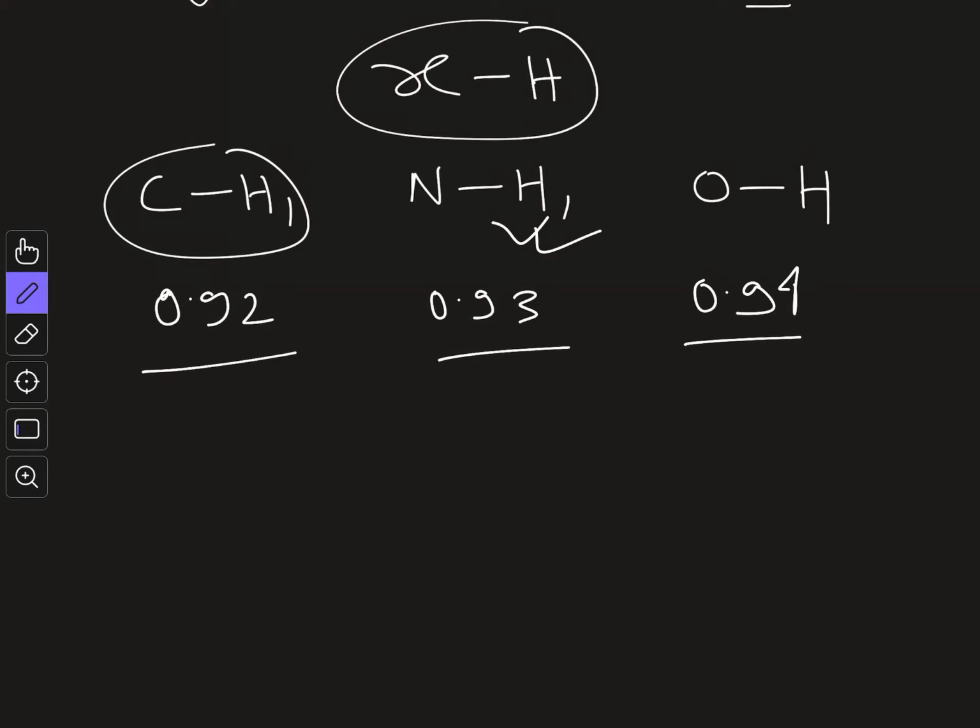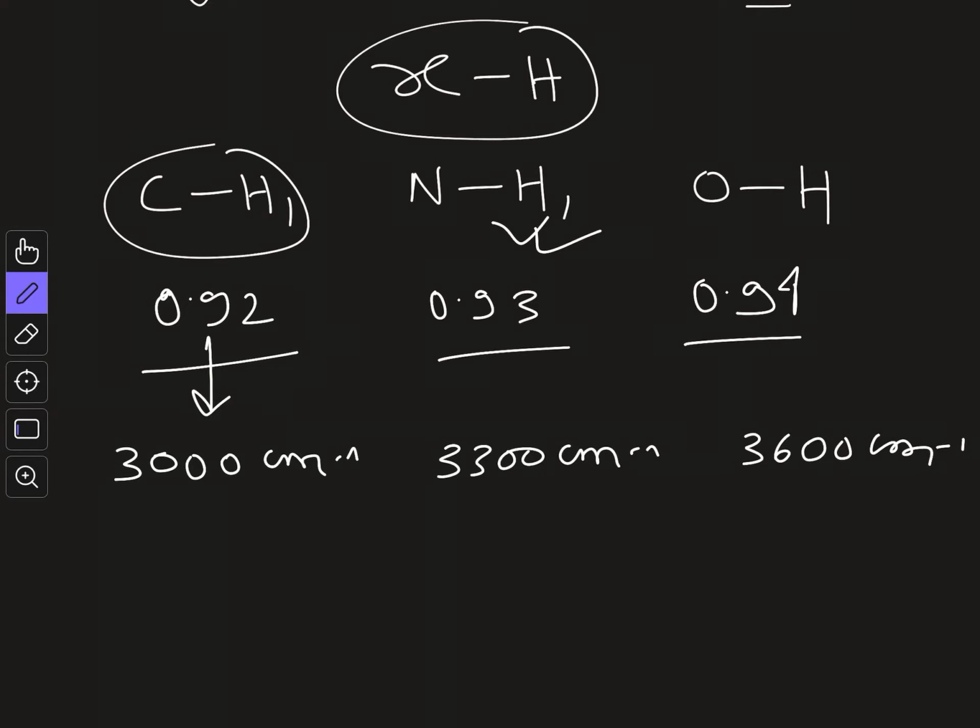According to the reduced mass, all should come at the same frequency, but there is a difference in bond strength. So CH, NH and OH differ in the bond strengths, and that's why the CH bond generally comes at around 3000 cm⁻¹. The NH bond comes around 3300 cm⁻¹, and OH comes around 3600 cm⁻¹, so it is even higher.